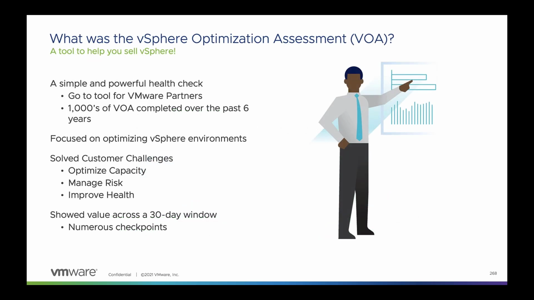As far as the vSphere Optimization Assessment, I just want to briefly touch on what that was. It's technically been deprecated, although it is still in the product, so it can still be used at the moment. That will be taken out in a later release. We have not determined exactly when that's going to be, so it is still available at the moment, but it is showing as deprecated. And this was a powerful check.